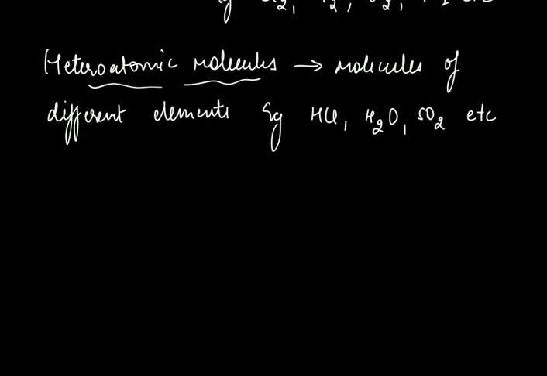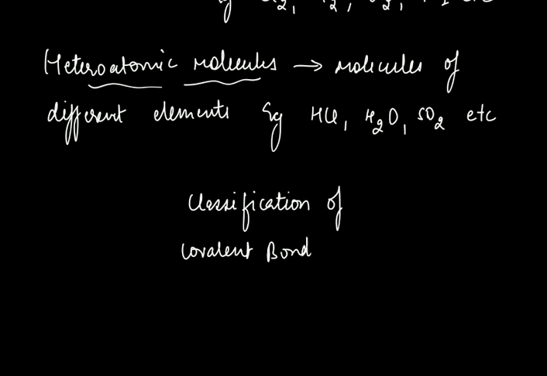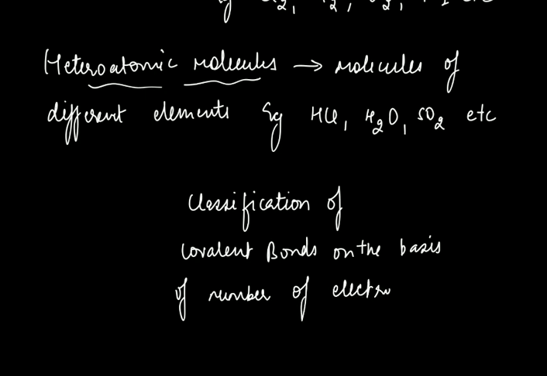Now we come to classification. Classification of covalent bonds on the basis of the number of electrons shared between bonded atoms.